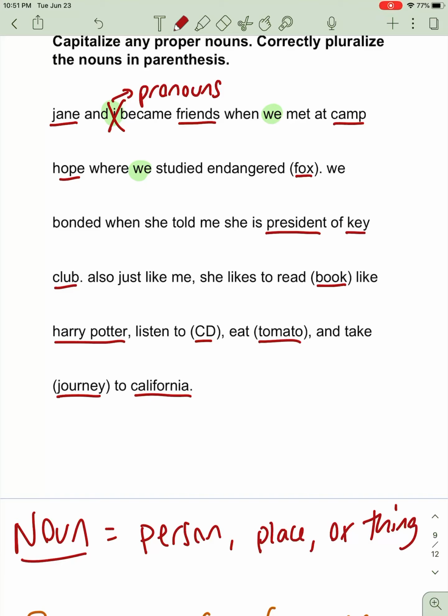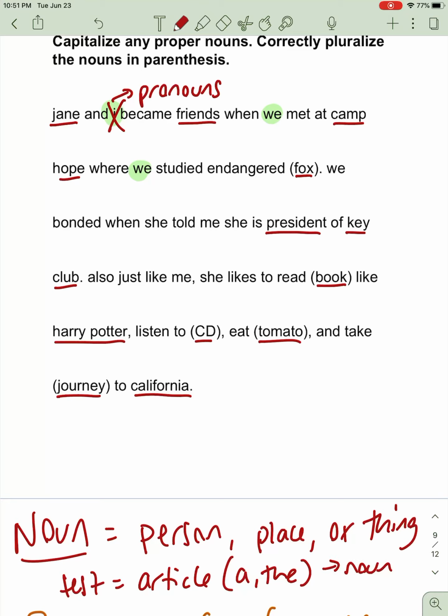So if you're ever uncertain of whether or not something is actually a noun, a good way to test yourself is to use an article in front of the word. So an example of an article is a or the. So if you can successfully put an article in front of the word, it is a noun.